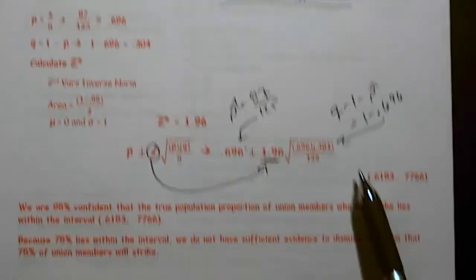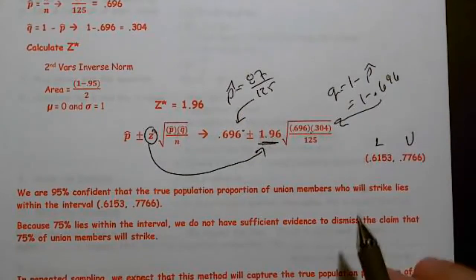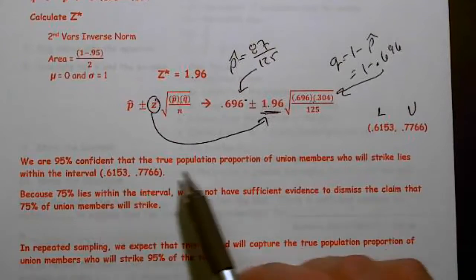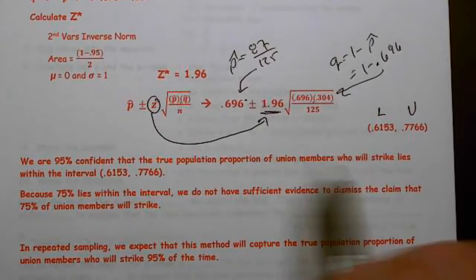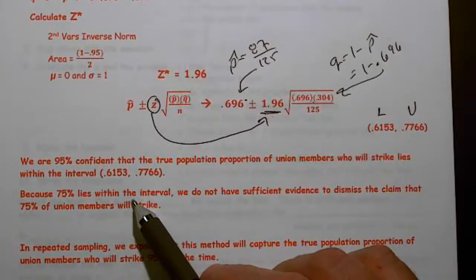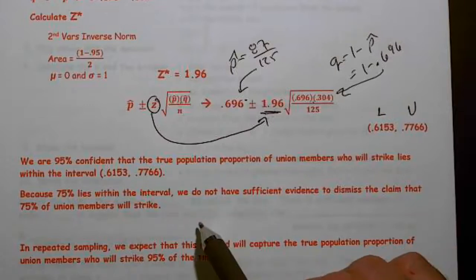And when we ran the test, this was my lower bound and this is my upper bound. So we are 95% confident that the true population proportion of union members who will strike lies within this interval. Because 75% lies within the interval, we do not have sufficient evidence to dismiss the claim that the union members will strike.